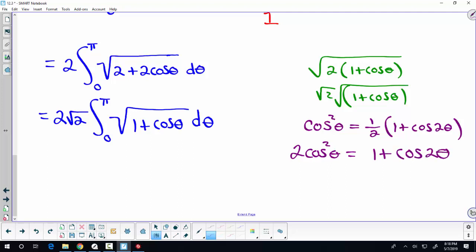But going from the 2 cosine squared to the 1 plus cosine of 2 theta, you just double that, right? So what would the identity then be for 1 plus the cosine of theta? 2 cosine squared, but not 2 theta, it would be theta over 2.